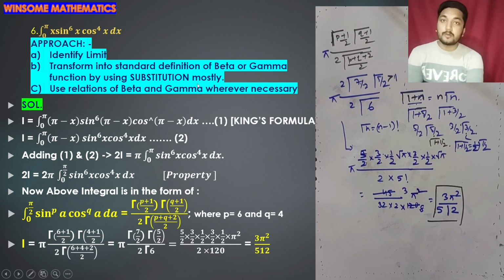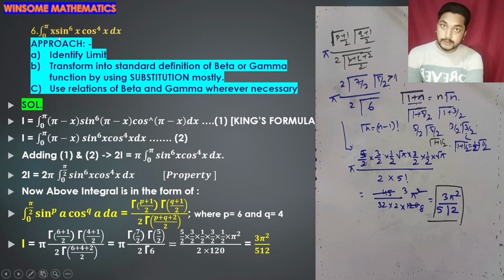So this question was more than important. So again I am discussing how we solved it. First we go to our approach: identify the limit, and we have a trouble. We don't want 0 to pi. Clear. So again we identify x as a problem. How? Because whenever we see sine 6x cos 4x, these terms we match with 0 to pi by 2 sine p theta and cos q theta.